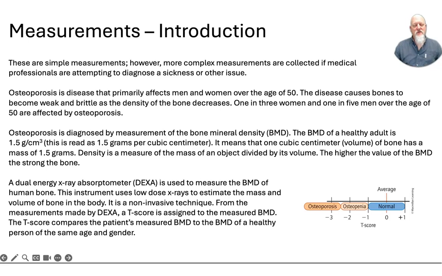Osteoporosis is a disease that tends to hit older humans, people over the age of 50, especially women, where bones become less dense and much more brittle, which is obviously a concern as you get older.